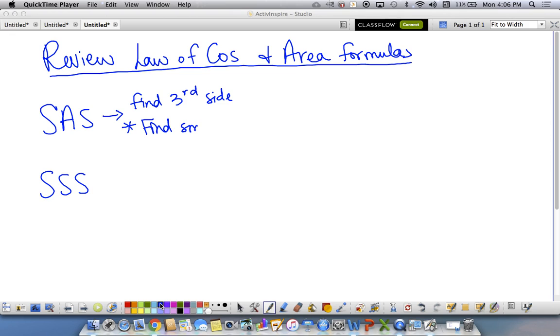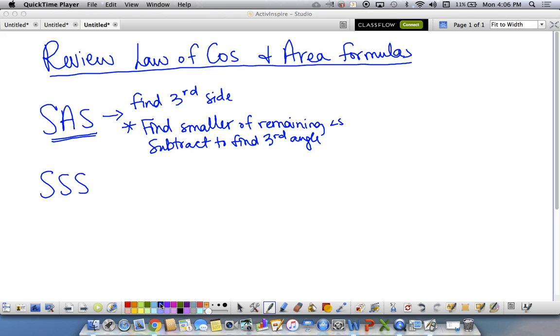Find the smaller of the remaining angles. That's the most important piece. After that, you just subtract to get the third angle. That's for side, angle, side.